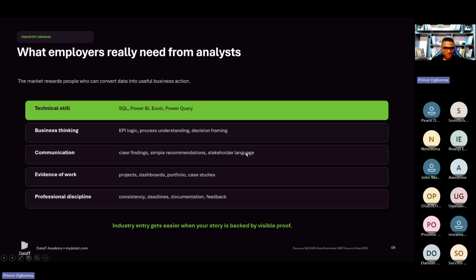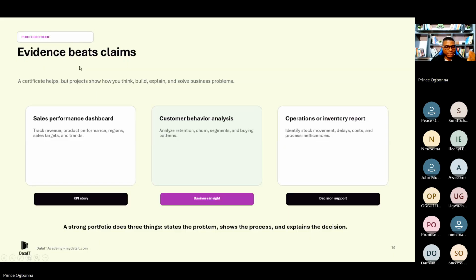So let me go ahead to the next slide. Now, evidence beats claims, as I've been saying. If you're able to talk about what you've done, show it. That is the only thing you need. A certificate is a claim. Now you have to prove it, and that is the evidence.